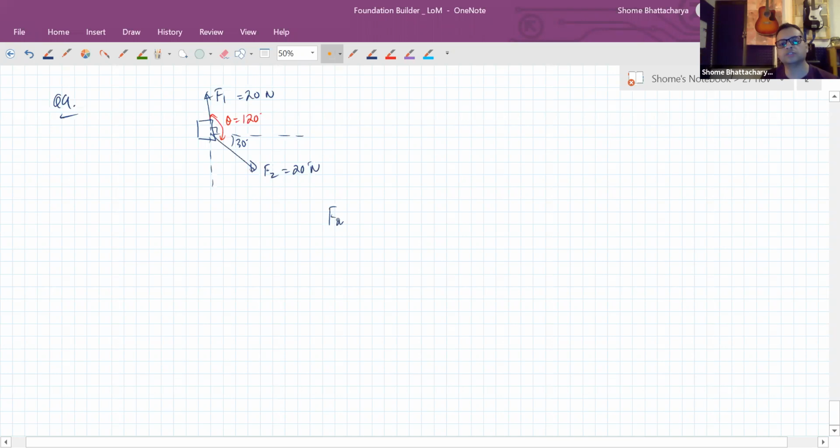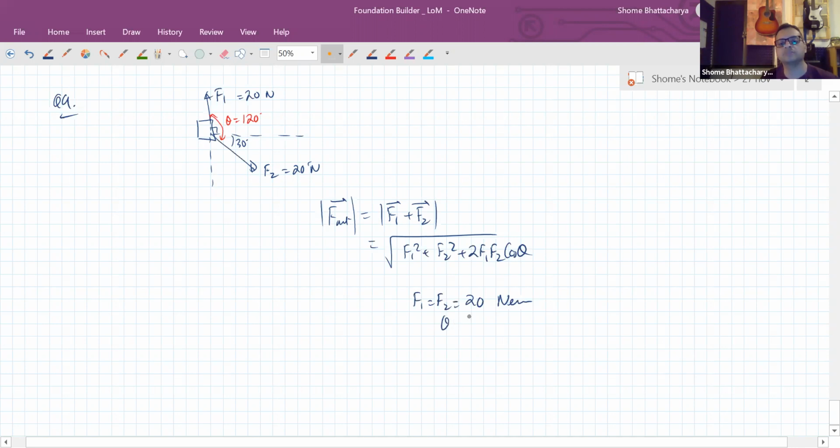So the net force is the vector sum of F1 plus F2. The magnitude of the net force will become like this, so just use this and you'll get the answer. Substitute the magnitude of F1 and F2 as 20 newtons and theta as 120 degrees. When you do that, you will get the net force to be 20 newtons, and from that you will get the acceleration.